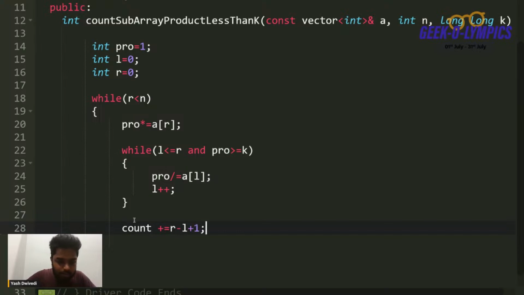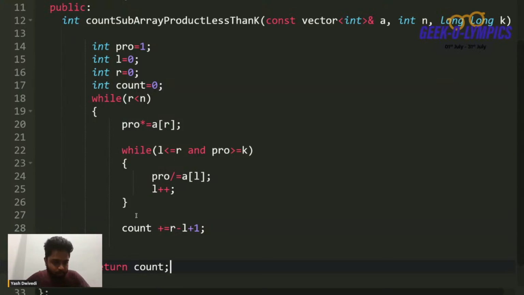That is going to be the update here. Initially I can mark my count value as 0 here. And in the end I can simply return the counter, as I have discussed. Why are we using this while loop internally? Because L might have to move again and again. That is why I'm using this while loop. And in the counter I'm updating R - L + 1, as I have already discussed, for counting the subarrays, guys.